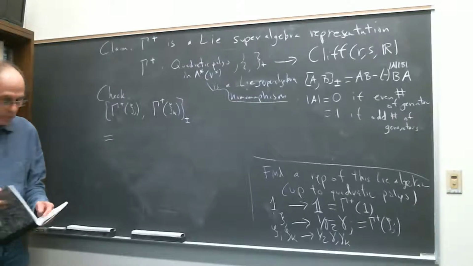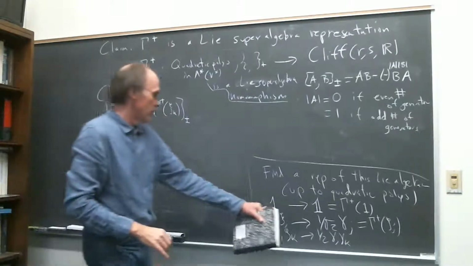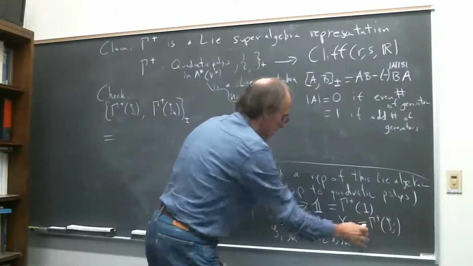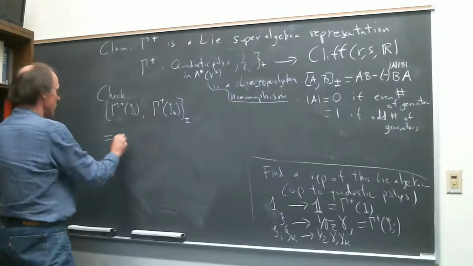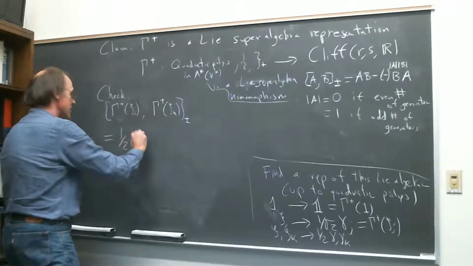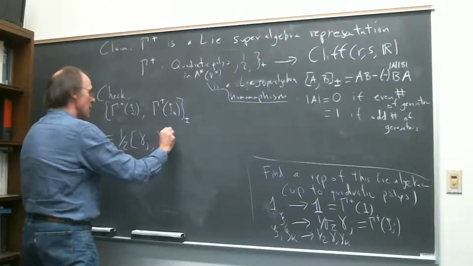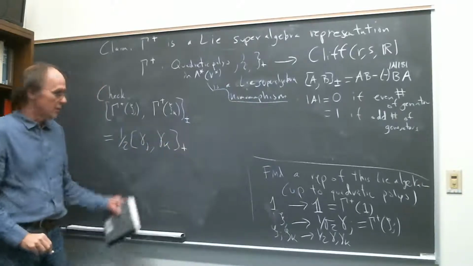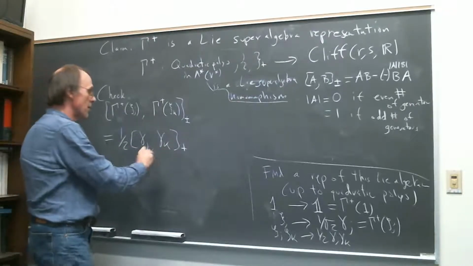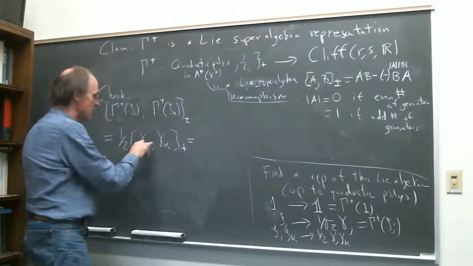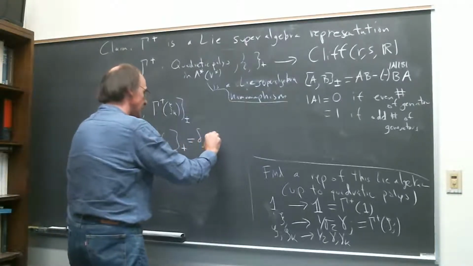When we do this, we pick up a 1 over square root of 2 for each of them, so 1 over square root of 2 times 1 over square root of 2 gives a half, and then this is just the anti-commutator of these. So it's 1/2 times 2 delta jk, which is delta jk.